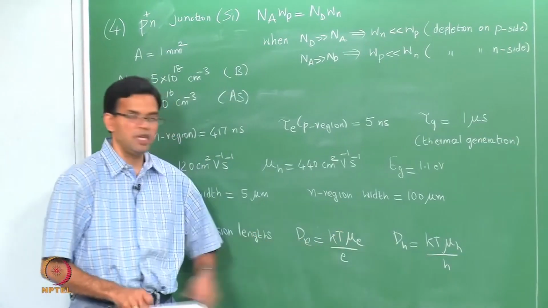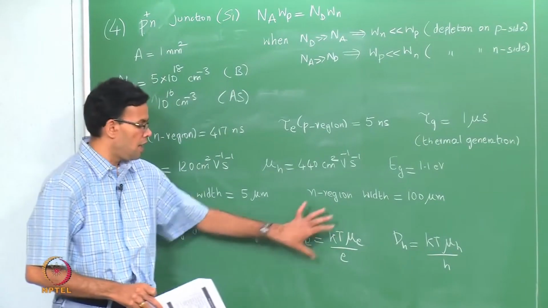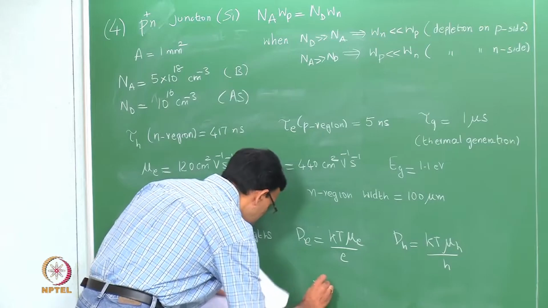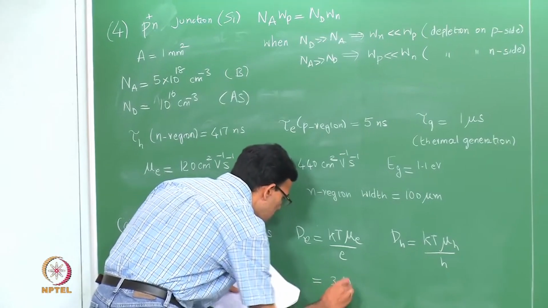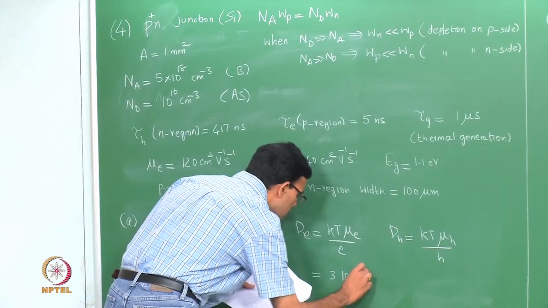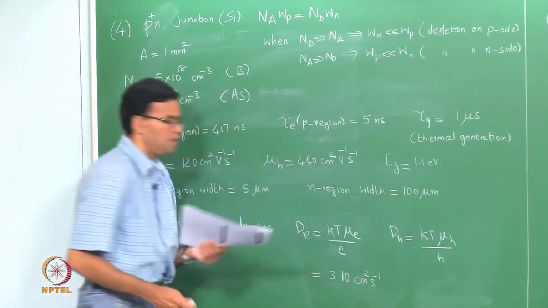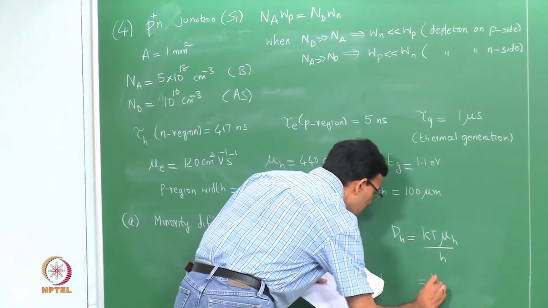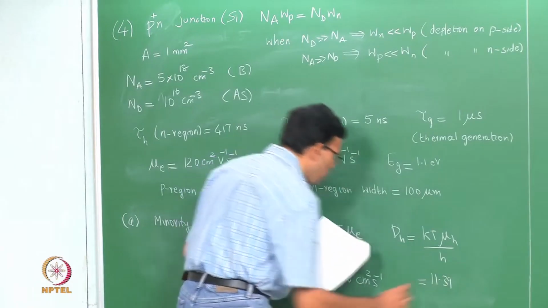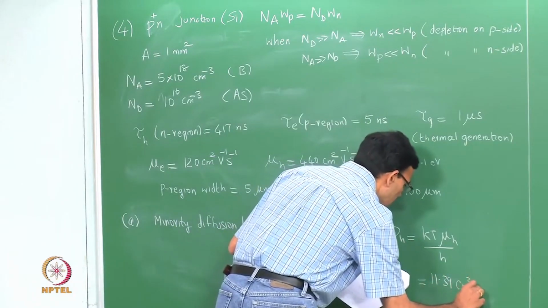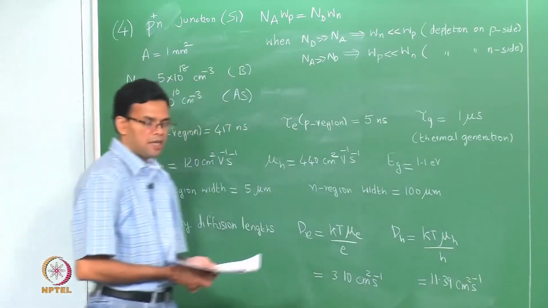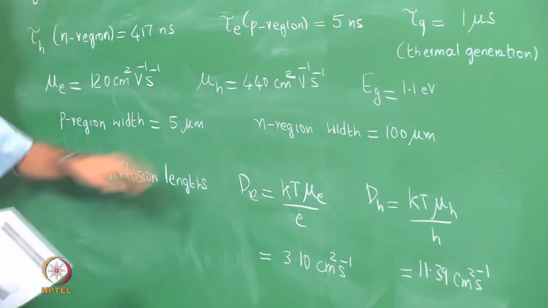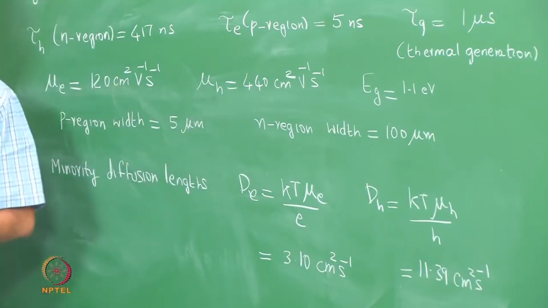The values of mu e and mu h are given, everything else is a constant. So, we can plug it in. So, dE is 3.10 centimeter square per second, dH is 11.39 centimeter square per second.